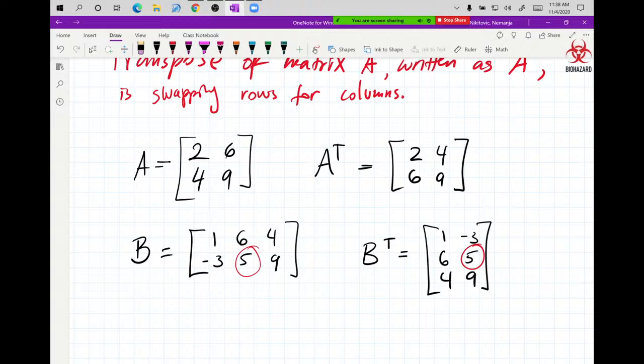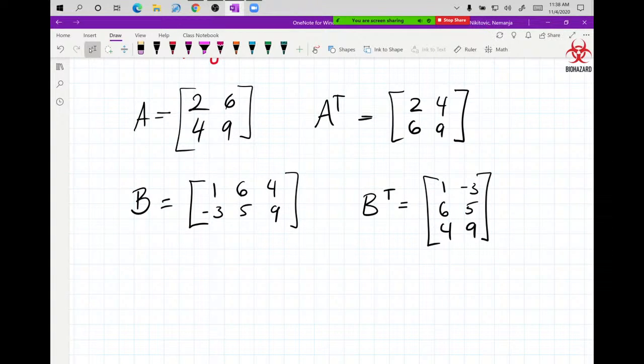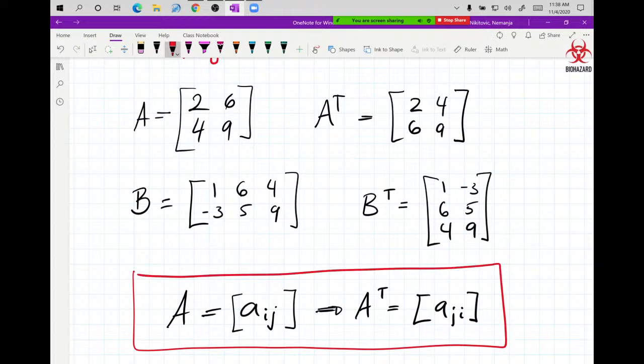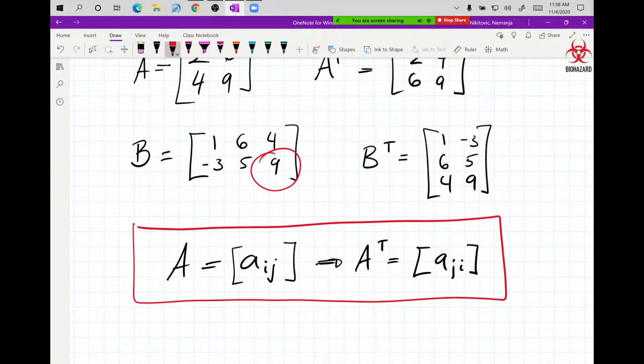Actually, let's just write the formula. A is Aij in a matrix. Then A transpose is going to be Aji. So 9 before was in B, second row, third column.